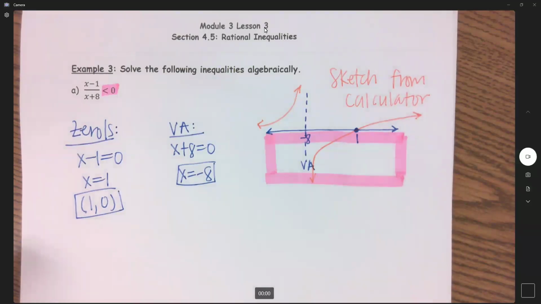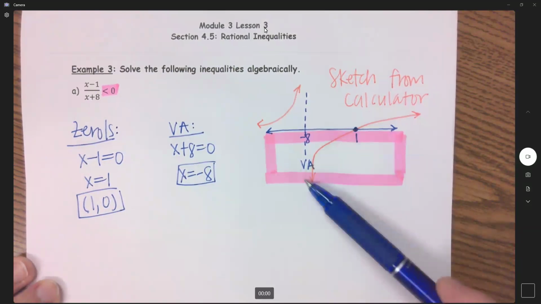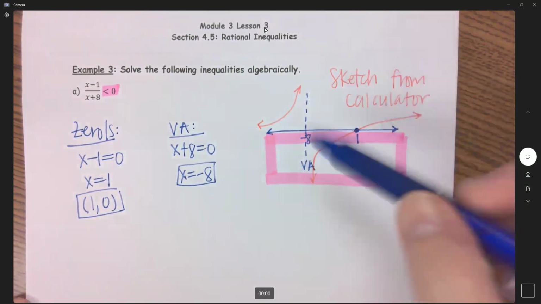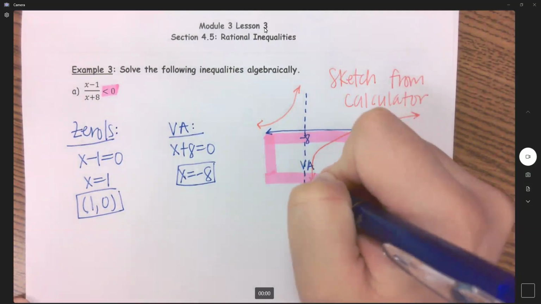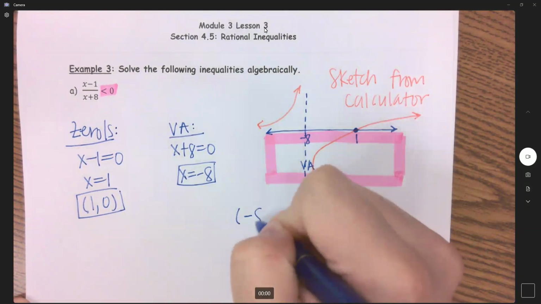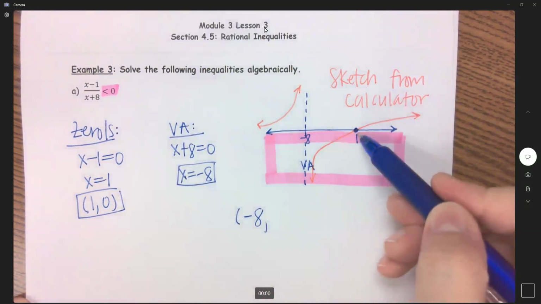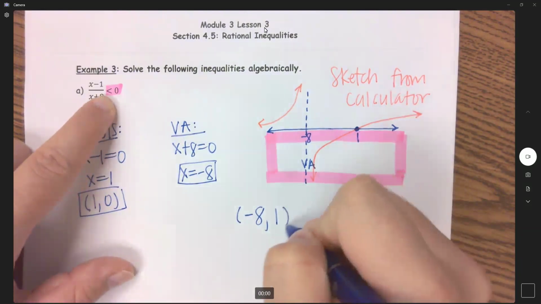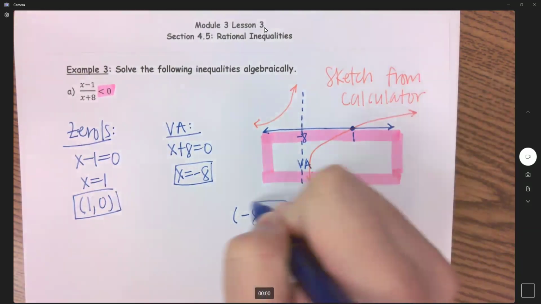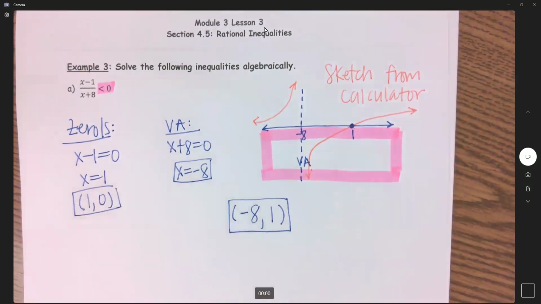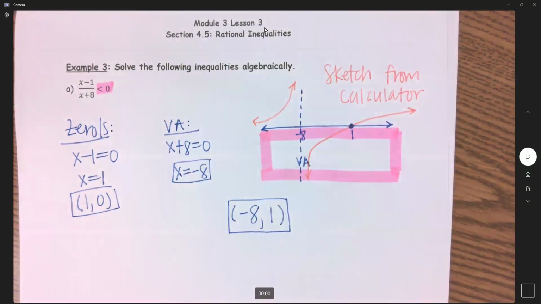So we only have this portion right here. We are going from -8 because it is approaching that vertical asymptote, so -8 to that 1 right here. And because it's less than, not less than or equal to, it does not include that 1. So here is my solution. Okay, so this is the work I'm needing to see, and then you can use the calculator for the rest.